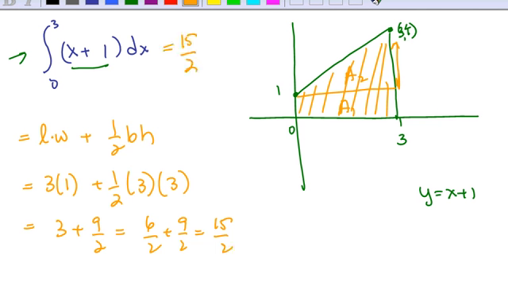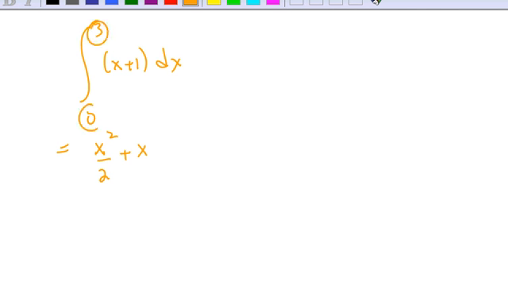We could check this by doing it algebraically as well, so maybe I should do that at the same time. So I'm going to do this again. This time I'm going to use my knowledge of antiderivatives. So I'm going to take the antiderivative, which is x squared over 2 plus x, and since it's a definite integral, I don't have to worry about the constant.